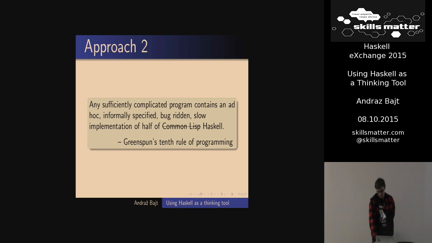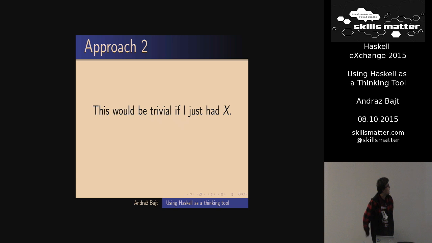So what's the point of this approach? It's the moment you have when designing a feature that you say, oh man, this would be so trivial if I just had X, where X is a feature you know and love, like algebraic data types or lenses or anything really.